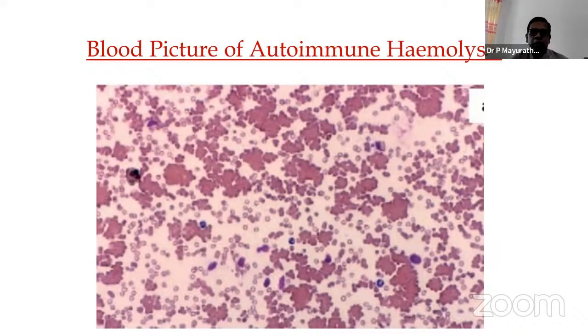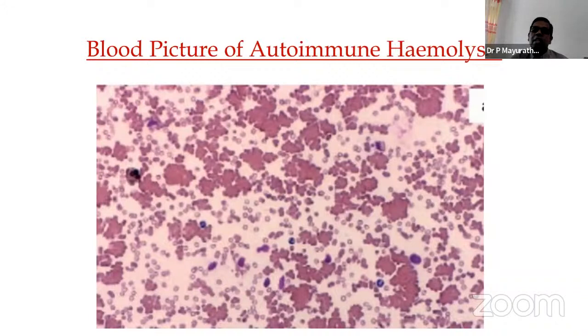The cold type of hemolysis is usually at a very low temperature, around 4 degrees Celsius. So when they take the blood sample outside and examine it, the temperature is changing. The outside temperature is not very cold, not very warm, so they may not be able to see the typical blood picture appearance sometimes.